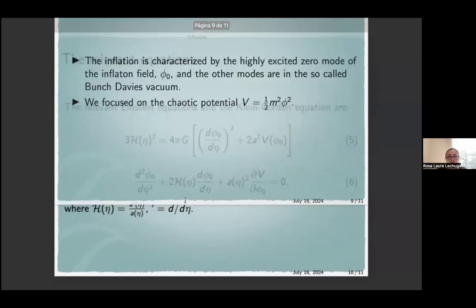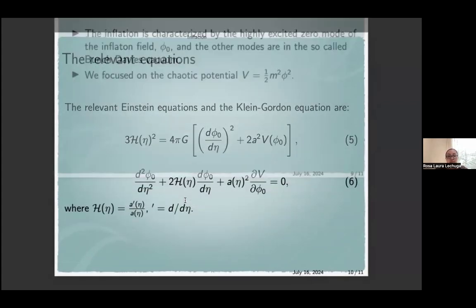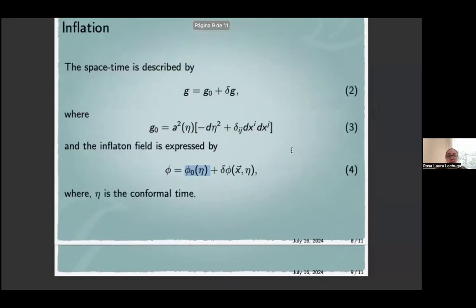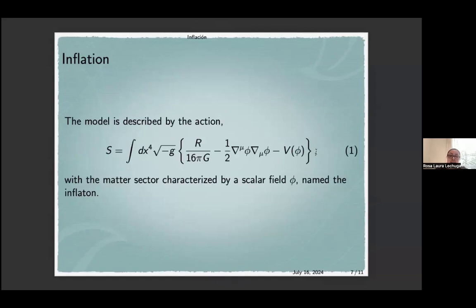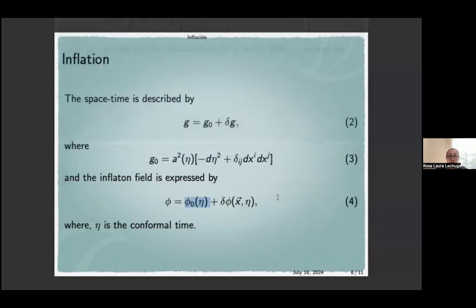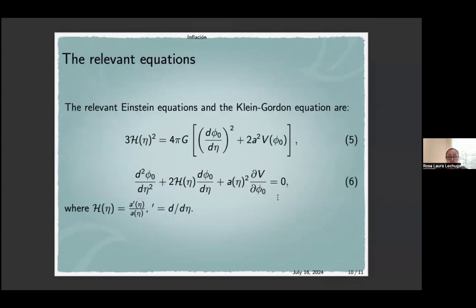So for this action, you have two dynamical quantities. One is the metric and the other is the scalar field. So you expect to have two dynamical equations, one for the field and the other for the metric. Those equations are the Einstein equations and the Klein-Gordon equation.